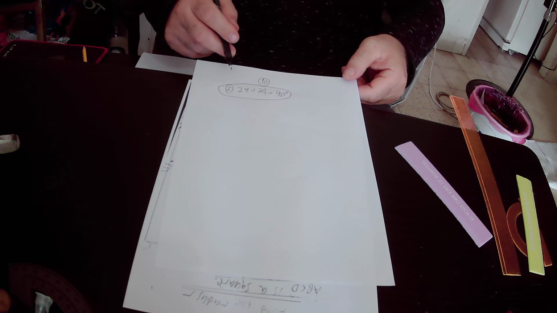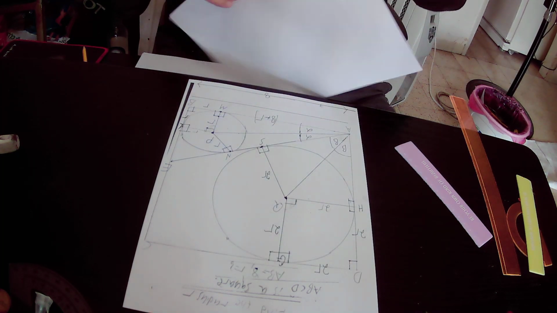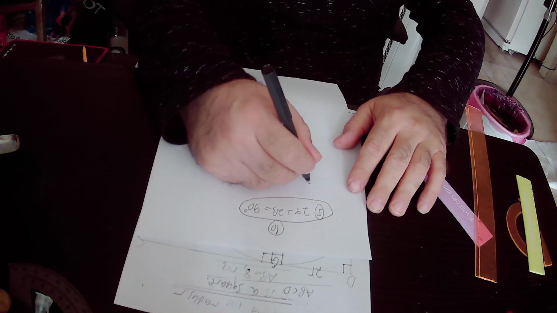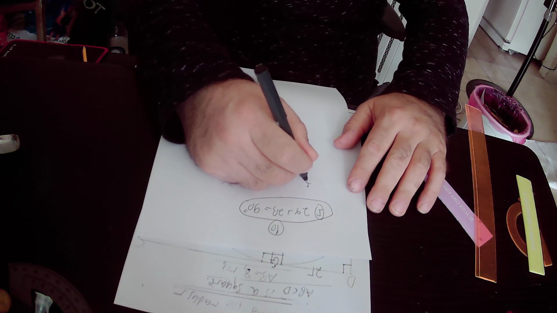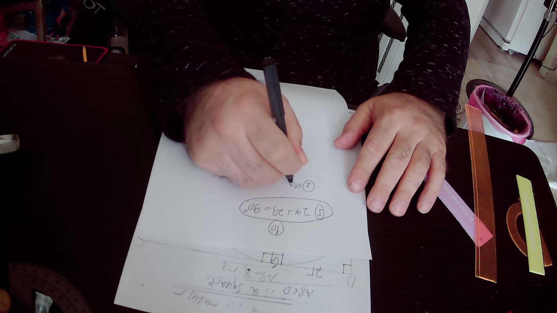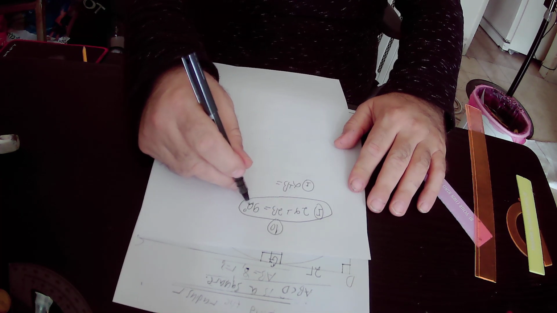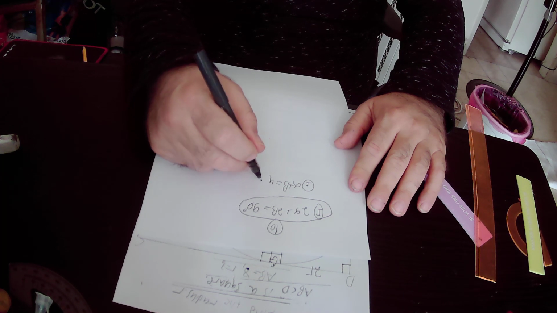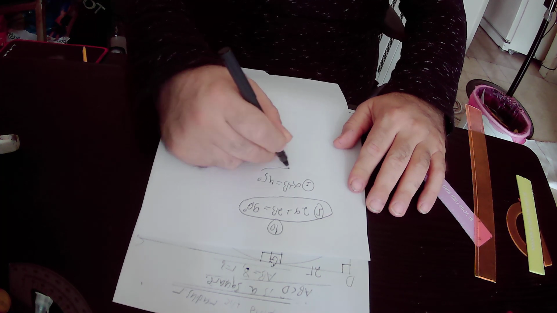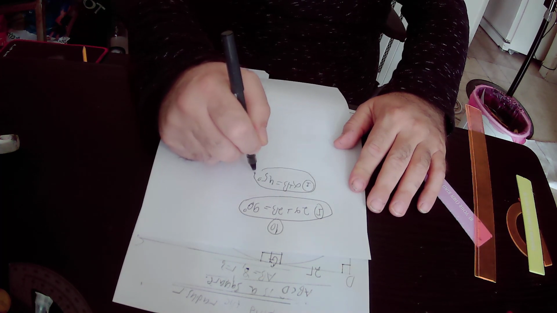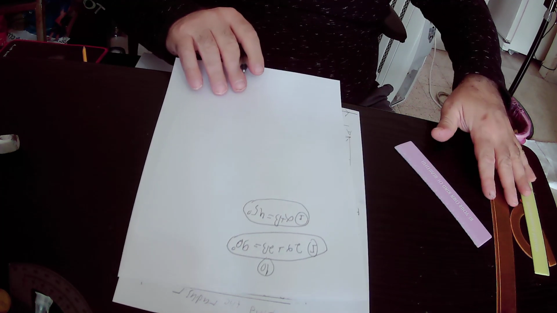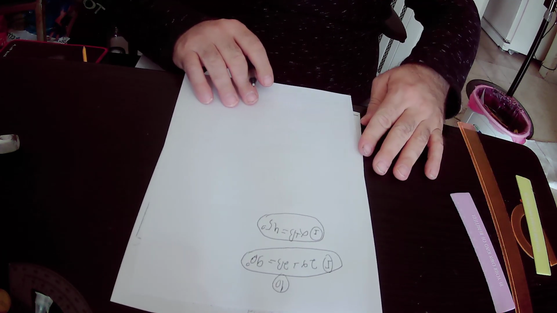Here we will divide equation number 1 by 2, and we will get that alpha plus beta equals 90 degrees over 2, which is 45 degrees. We found out, according to equation number 1, that alpha plus beta equals 45 degrees.